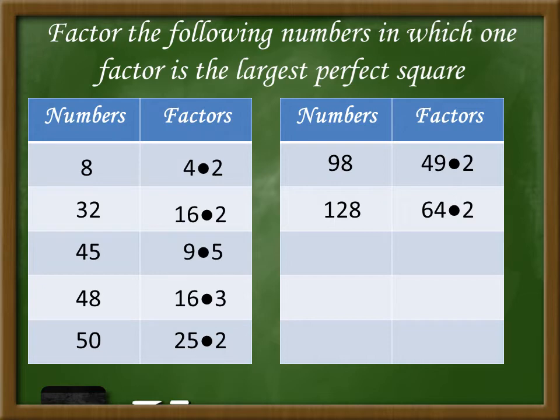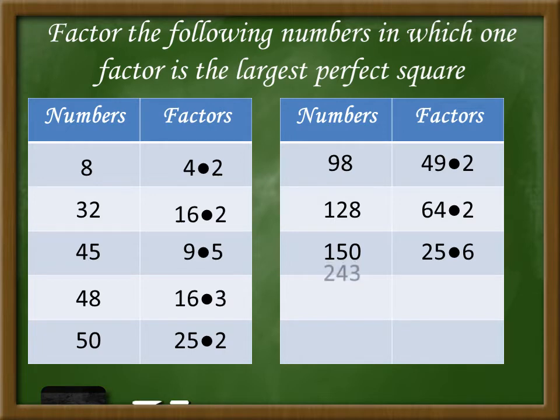So you have 64 times 2. 64 times 2 is 128, and 64 is the largest perfect square. Next. 150. So the factors are 25 times 6. 25 is the largest perfect square factor.